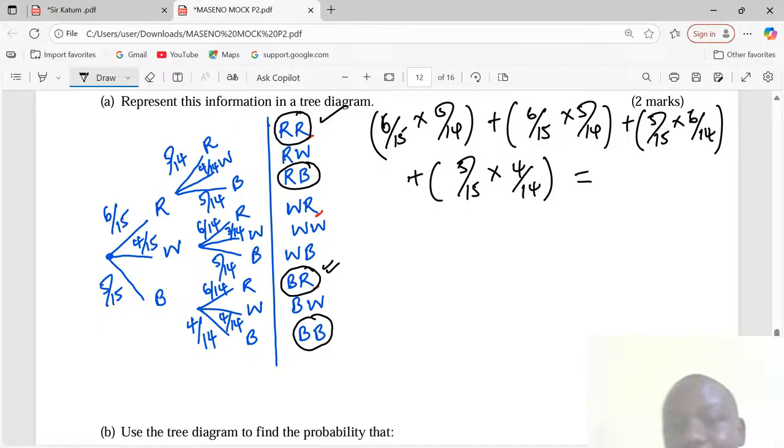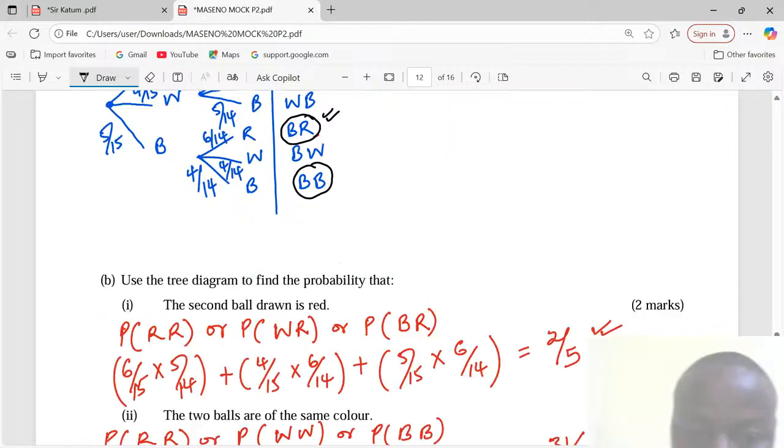Those are the cases where no white was chosen.